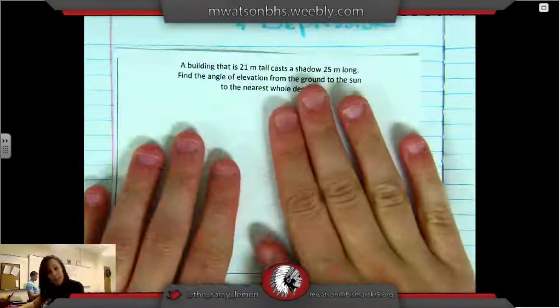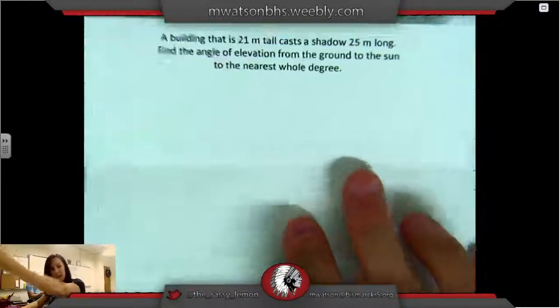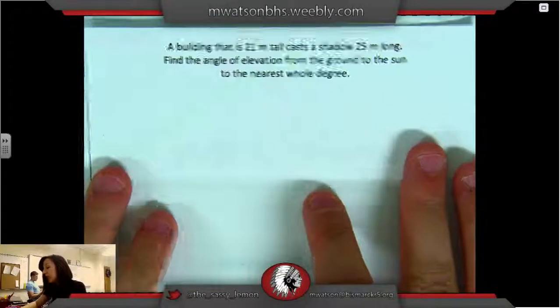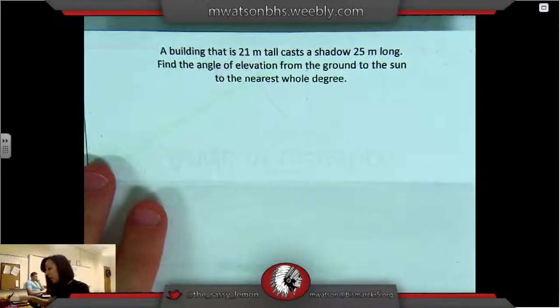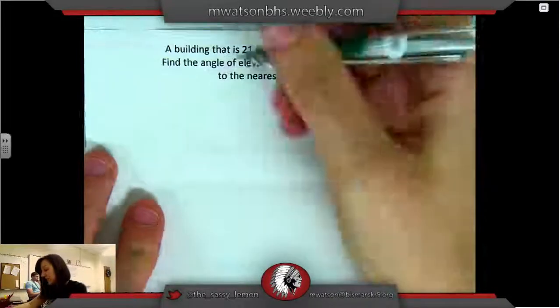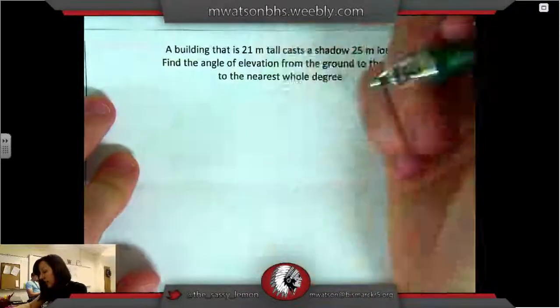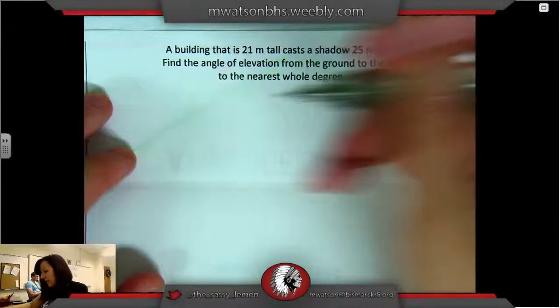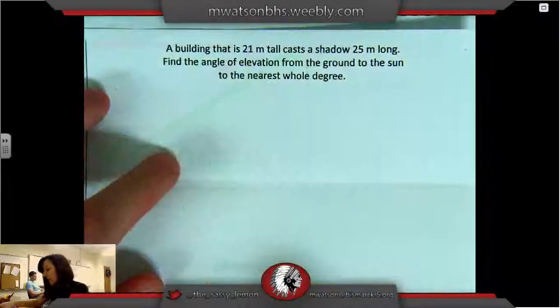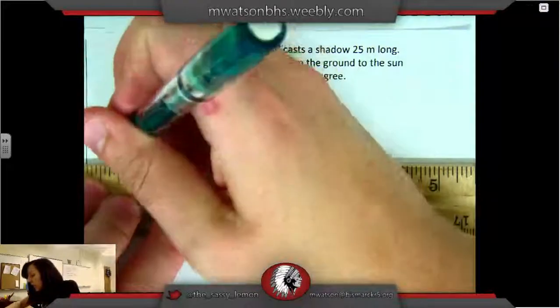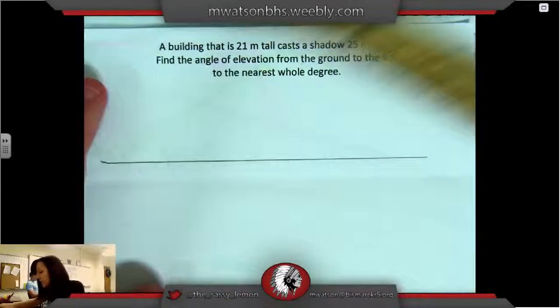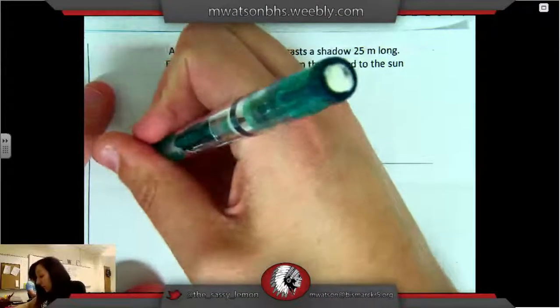Alright, so anyways, angle of elevation. We are going to draw a picture. We're going to do some art in here. We are going to draw a building that is 21 meters tall. So here's the ground, and then here's my building.